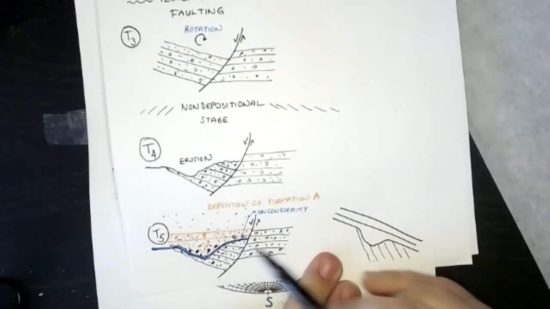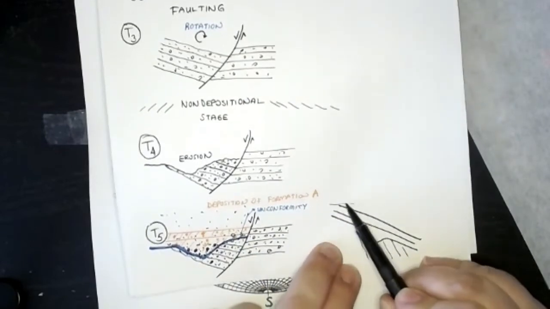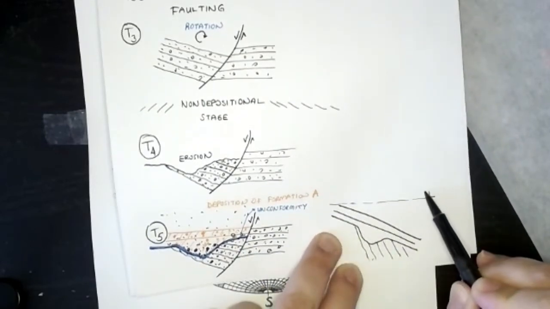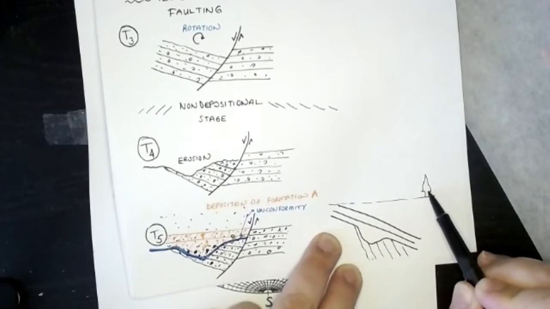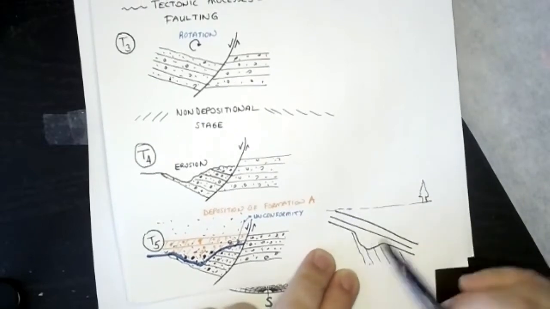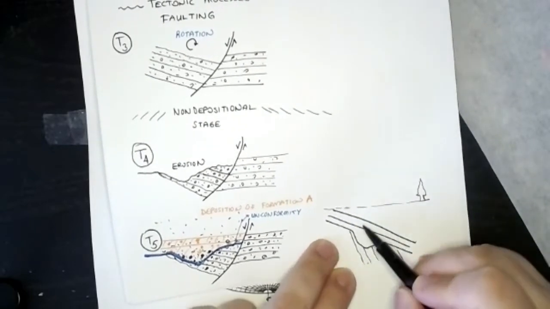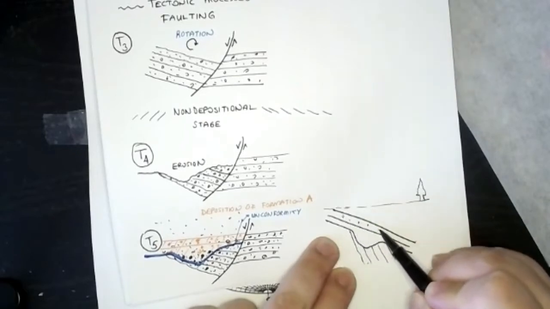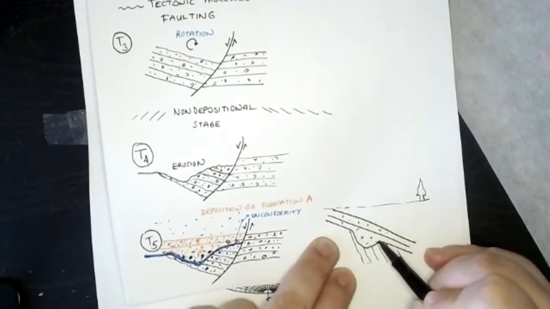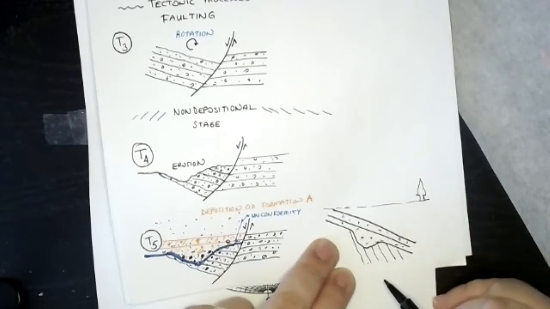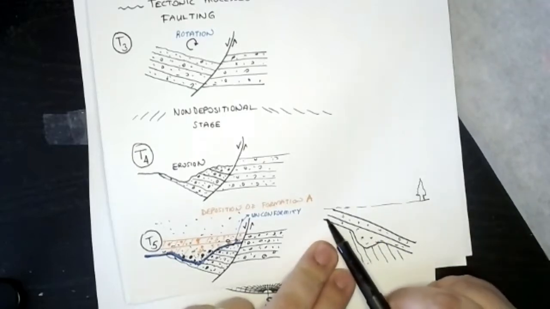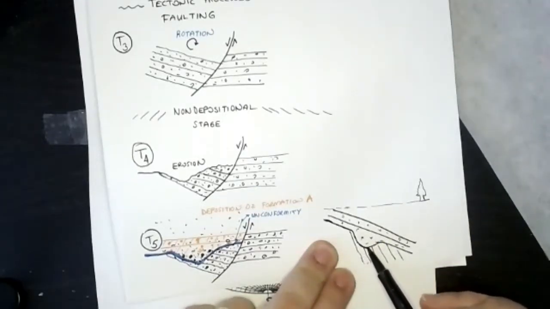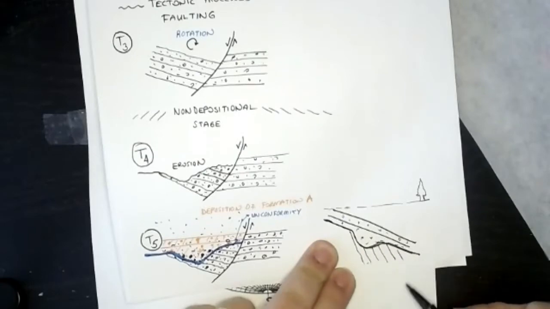And these horizontal units, so this is the surface of the earth. Let's put a 3 over here. So this is now the present day configuration of formation A and formation B after a second rotation of the formation. And this is the unconformity plane separating formation A from formation B.